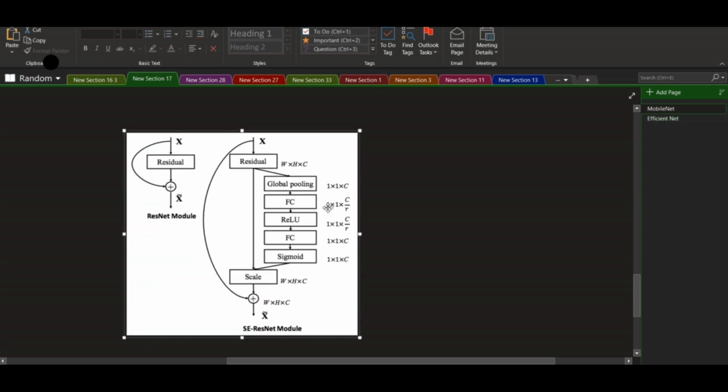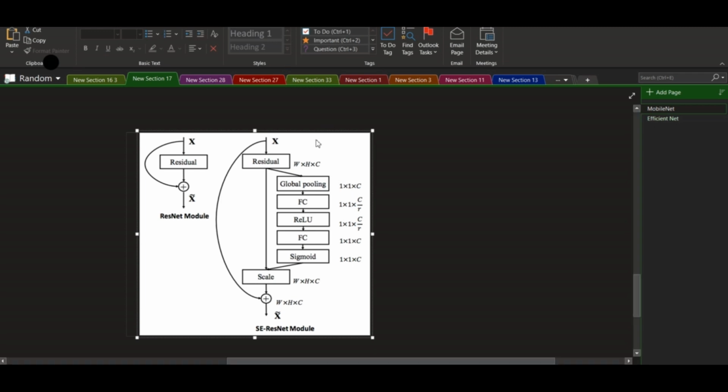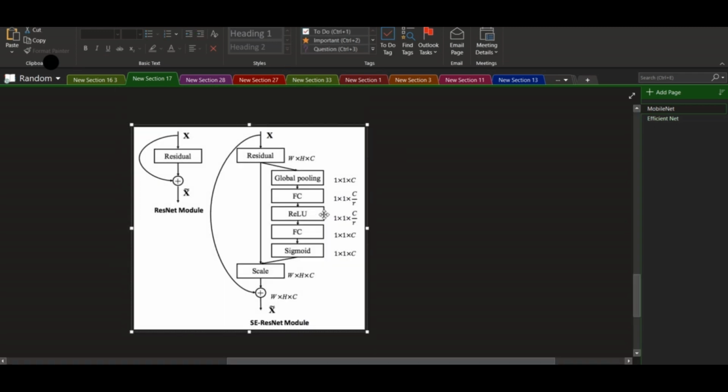Before I code it up, I would like you to understand it, so it's more like a revision of what we already explained. Like I said, we're gonna have an input, then we apply global pooling of 1 by 1 by C, then we have a fully connected layer, then ReLU, fully connected layer, then sigmoid. Like I said, this is more like an attention mechanism whereby we try to weight the channel.